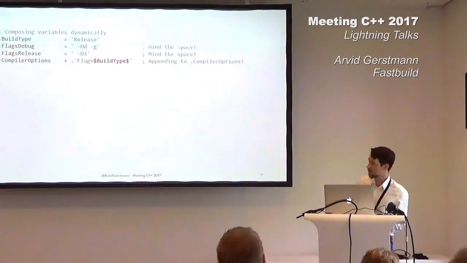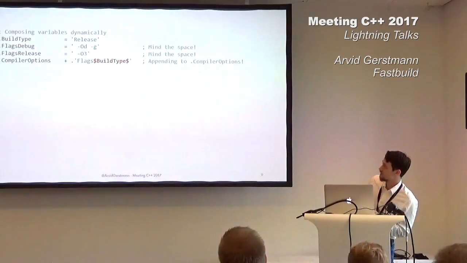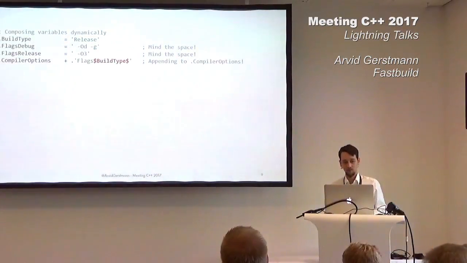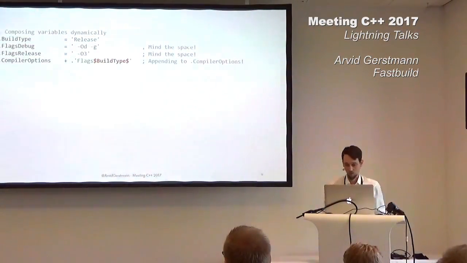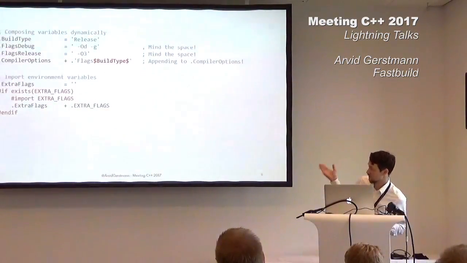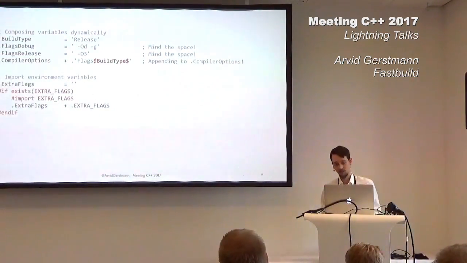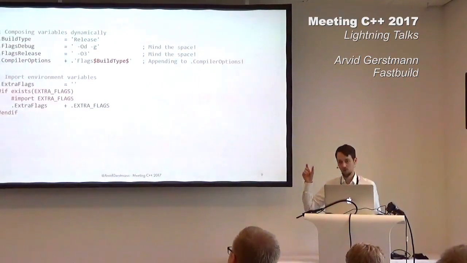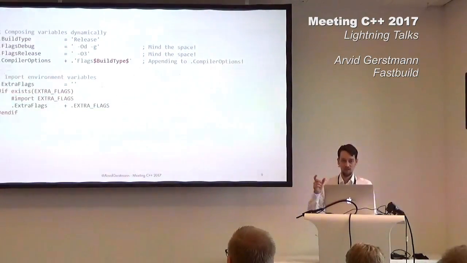You compose variables dynamically by specifying the name of the variable and then composing that variable. You can import environment variables, so that's what I do, for example, in the MSVC example. I import the MSVC environment variables to find the path to your Visual Studio installation and where cl.exe is located.